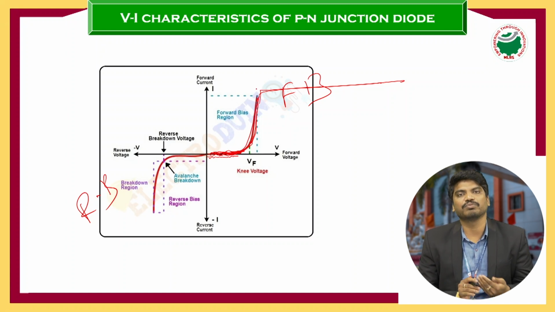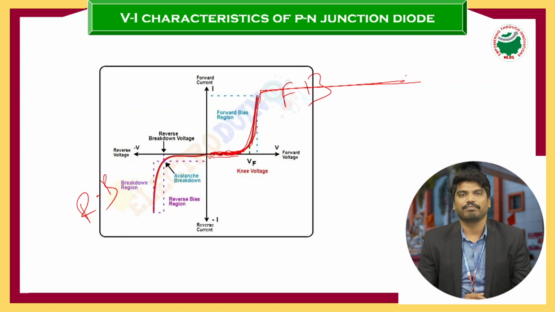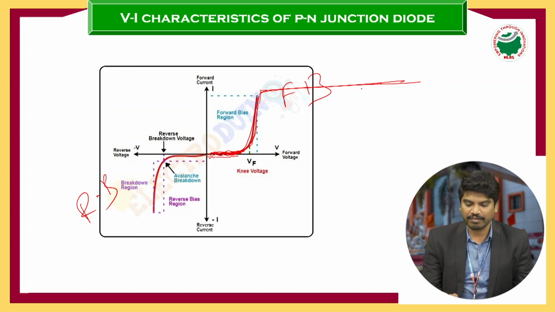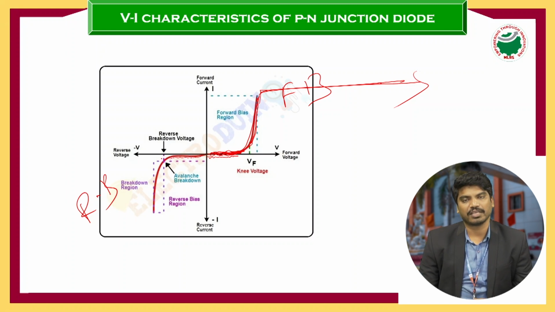If I increase much more, then there won't be any depletion region. It will disappear, and maximum current will pass through the PN junction diode. Then the current will be saturated. Similarly, we can see in the reverse bias, yes, a minimum amount of leakage current is possible by giving the reverse bias voltage.